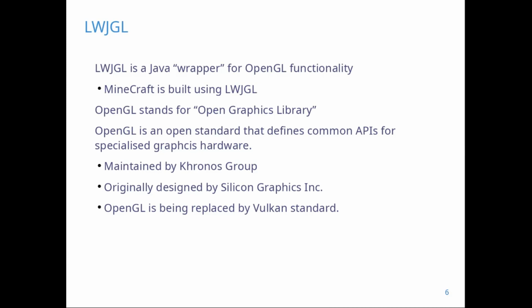It's a historic standard. It was created back in the 90s by Silicon Graphics, which, as you may have heard, was one of the pioneers in graphics workstation development. They designed their own hardware that had these graphics accelerators, which nowadays we have in our PCs. OpenGL was one of the standards proposed at the time.